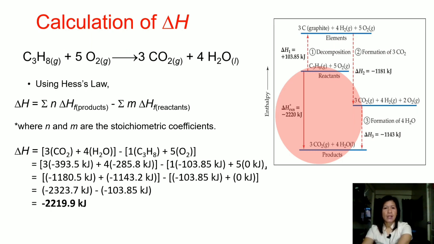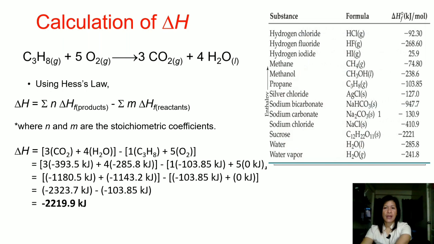For the products, carbon dioxide has coefficient 3, so we have 3 times the enthalpy of formation of carbon dioxide, plus coefficient 4 of water times the enthalpy of formation of water, minus the sum of the enthalpy of formation of propane and 5 times the enthalpy of formation of oxygen.